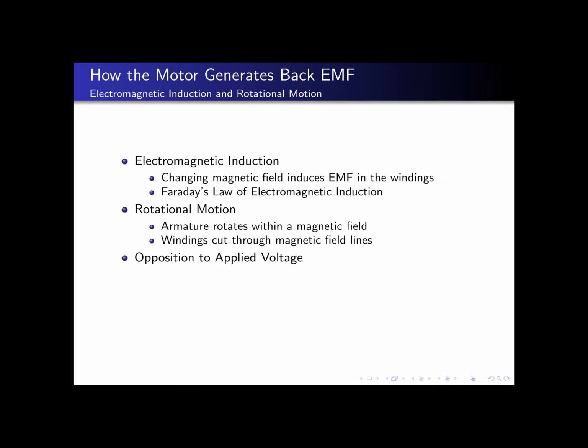So this force that's generated from that rotation is in opposition to the applied voltage. So the back EMF acts against the applied voltage, and it's proportional to the speed of the motor. So if you look at the rotational rate of the motor times the back EMF constant, you'll get the back EMF voltage.